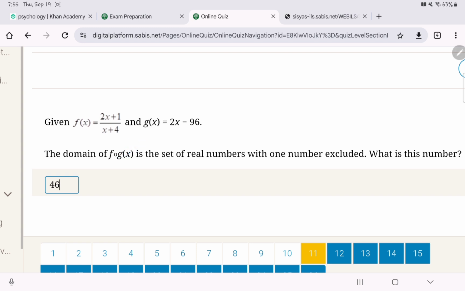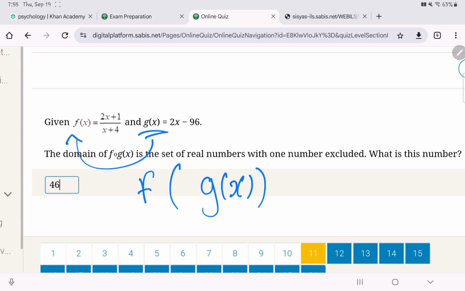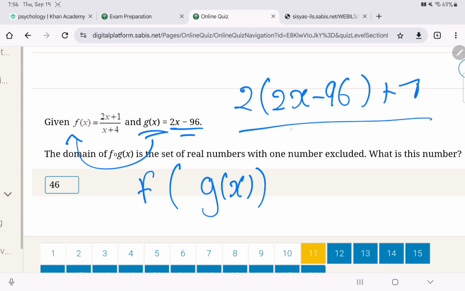Okay, I will repeat again. We're going to start from the right to the left. So whenever you see the round symbol, you can directly say, okay, it means f, you open brackets, and then gx. So we have to substitute the gx into the fx. That means for every x in f, we're going to put the value of gx, which is 2x minus 96. So 2 times (2x minus 96) plus 1 over (2x minus 96) plus 4.